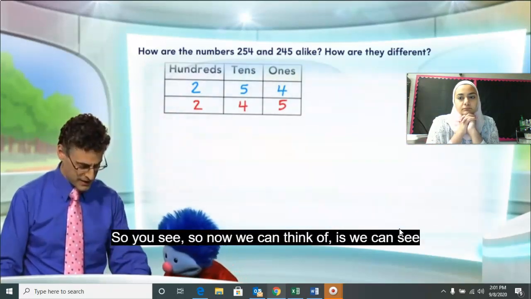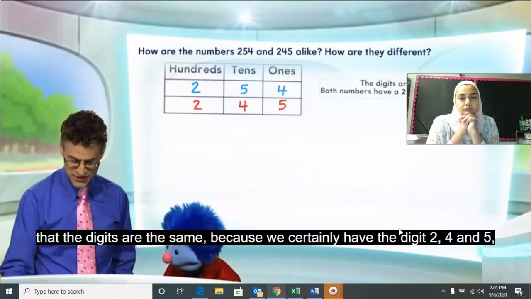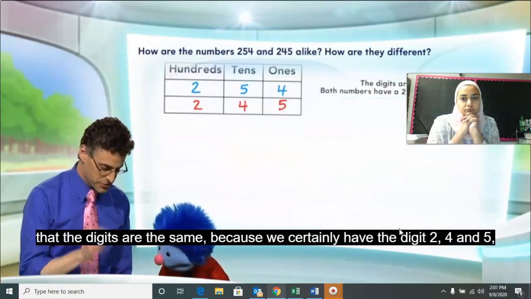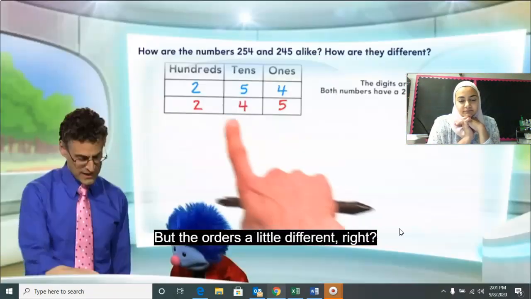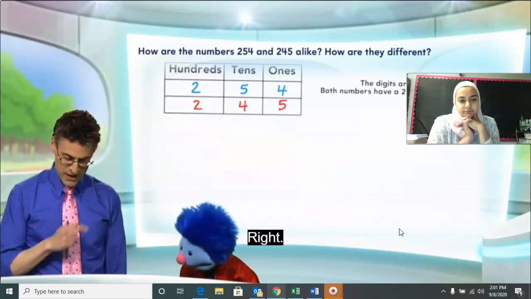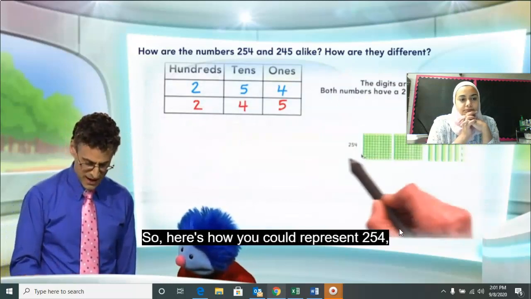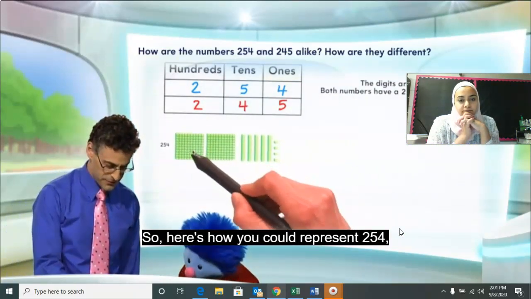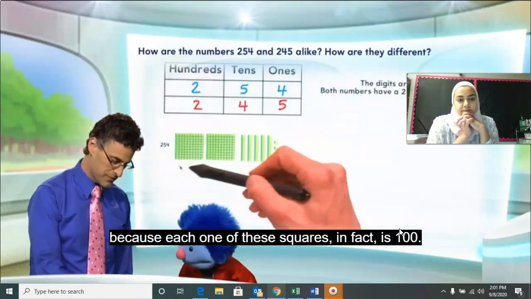So you see, now what we can think of is we can see that the digits are the same because we certainly have the digits 2, 4, and 5 appearing in all the numbers. That's true. But the order's a little different, right? Except for the 2's. They both have a 2 in the hundreds place. Right. Now you can actually represent these numbers using base 10 blocks. And so here's how you could represent 254, because each one of these squares, in fact, is 100.